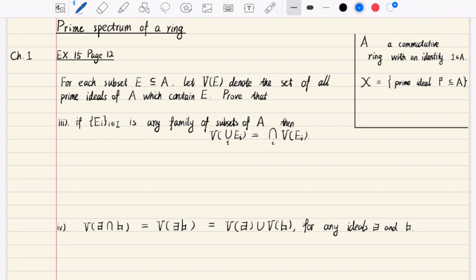For this question, we need to prove, for any family of subsets of A, any family meaning finite or infinite, we don't know the numbers, maybe there are so many, that the V of their union is equal to the intersection of V for each subset.